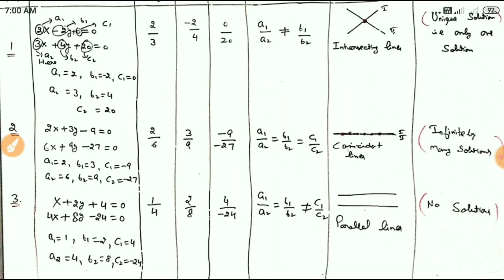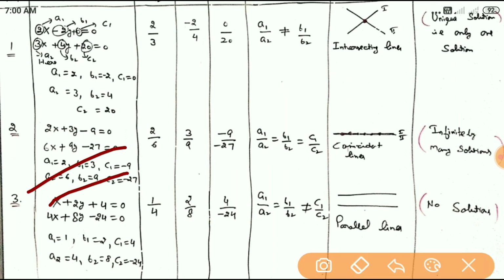And the third case has two equations, and in this case you are familiar with A1 B1 C1, A2 B2 C2 and how to find them. A1 by A2 is 1 by 4.